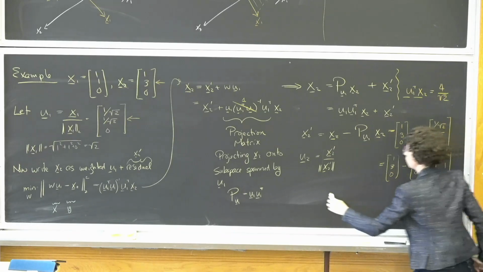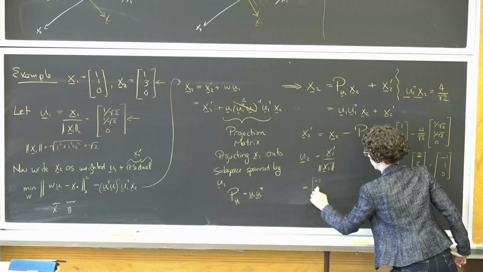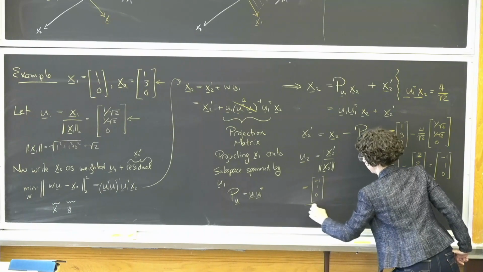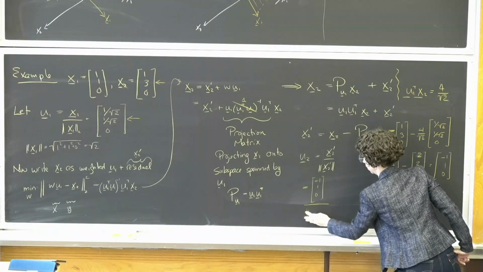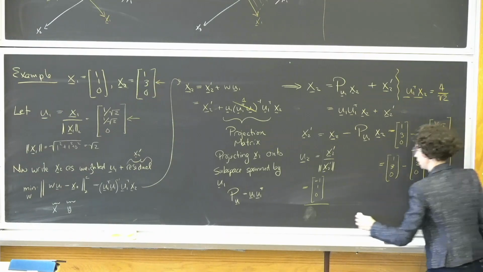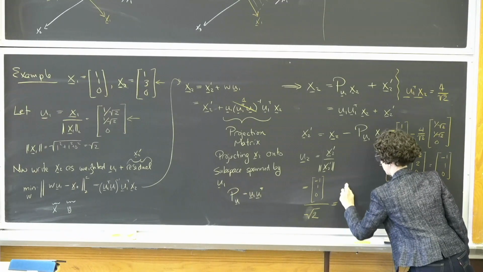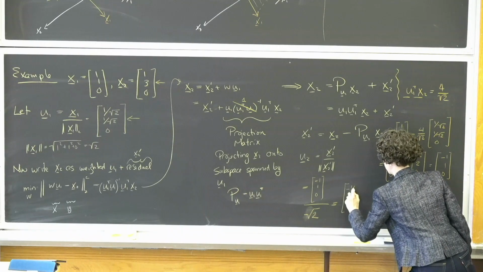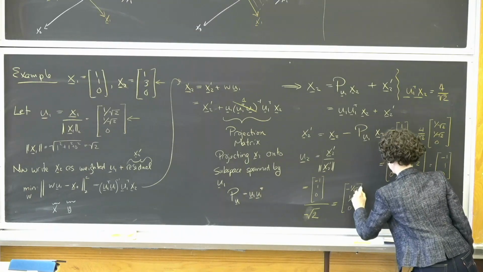And so now, if we want to compute u2, we're going to take that vector, negative 1, 1, 0, and divide by its norm. And what's the norm of this vector? Also root 2. Excellent. And so I am going to have negative 1 over root 2, 1 over root 2, and 0.